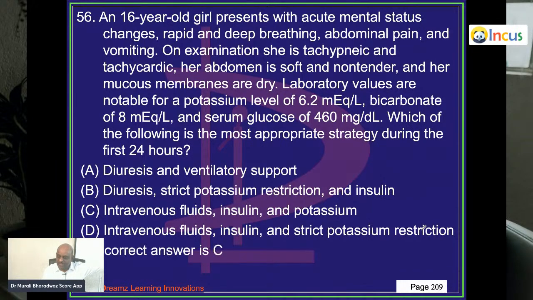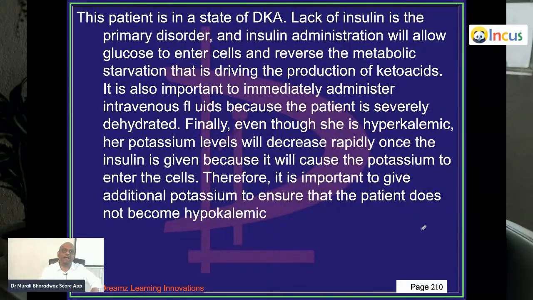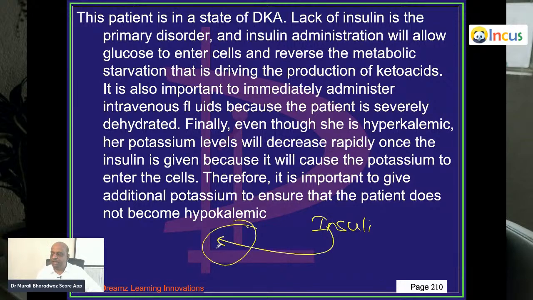Right? So typically when will DKA occur, diabetic ketoacidosis? Absence of insulin. So what is the normal role of insulin on a cell? Insulin will make glucose go inside the cell. Insulin will make potassium go inside the cell.